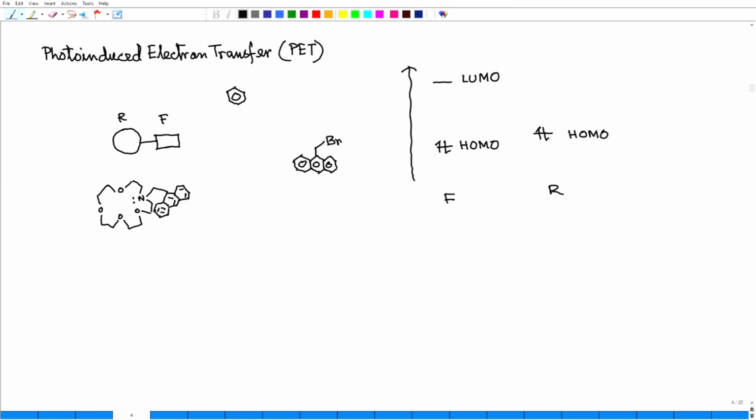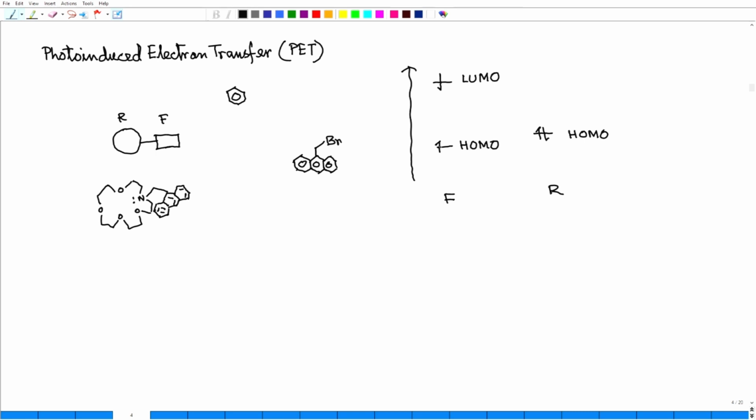So, once you excite it, what will happen? One electron goes from here to here after absorbing the energy with which I have excited the fluorophore.